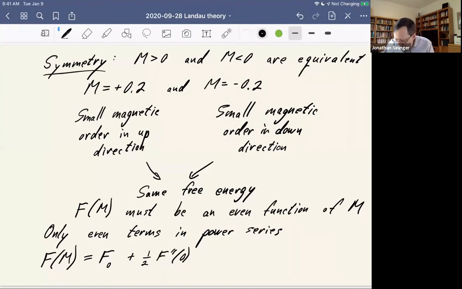So a half f double prime m squared plus 1 over 4 factorial f quadruple prime times m to the 4th. Plus, in principle, there could be higher order terms. Okay, so this is symmetry coming into the theory.